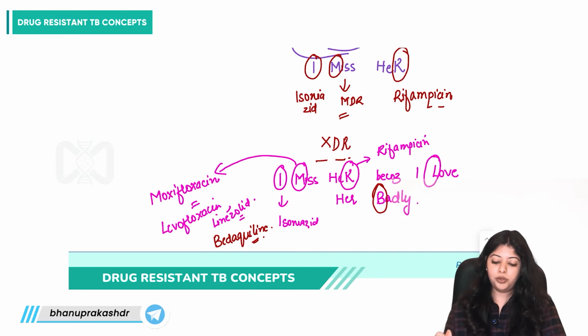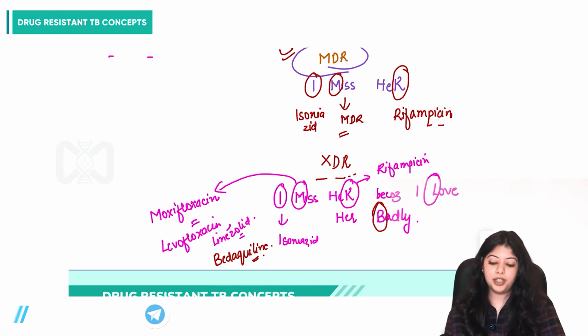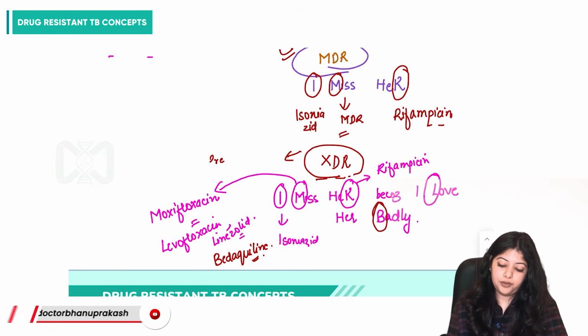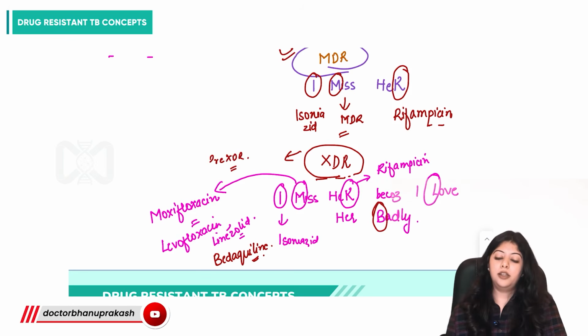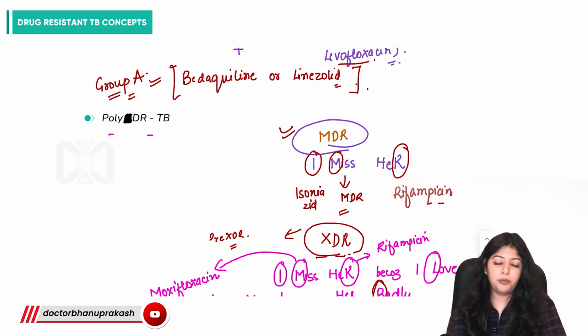Right? So this has completely covered all the important drugs included in these two groups. And for XDR, we can very well derive the pre-XDR definition. Right? So now this concludes all of these important definitions.